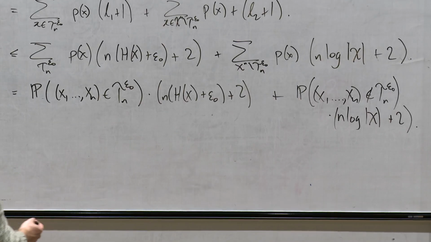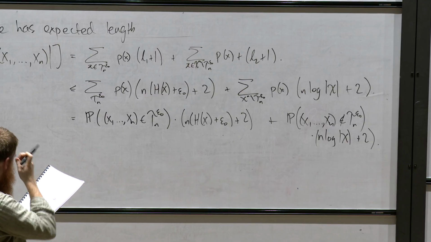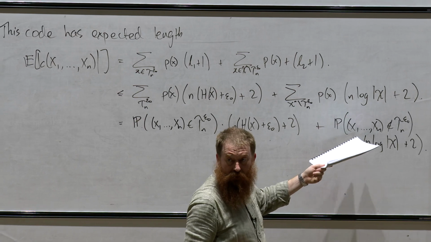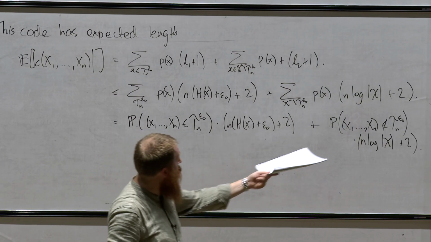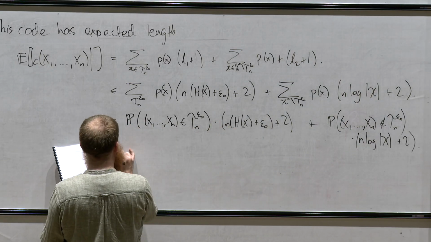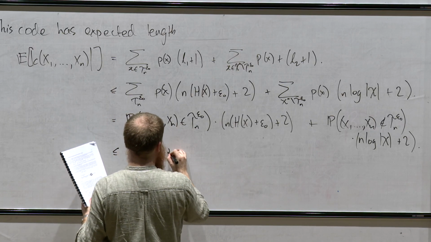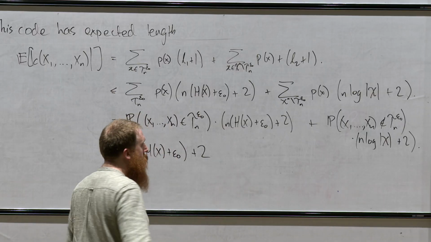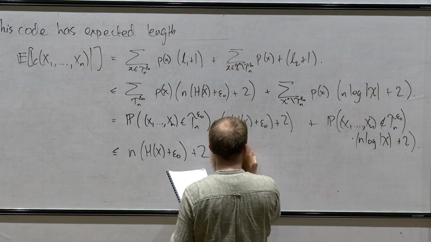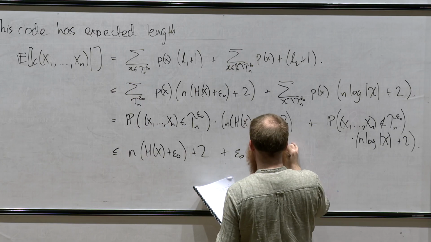But now, what can I say about this? Well, I know this probability is close to 1 and this probability is close to 0. In particular, I can say this is less than or equal to 1, so I just write n times (H(X) plus epsilon naught) plus 2. And this, we showed, is less than or equal to epsilon naught by construction, times n log |X|.